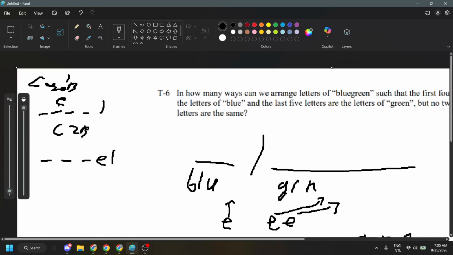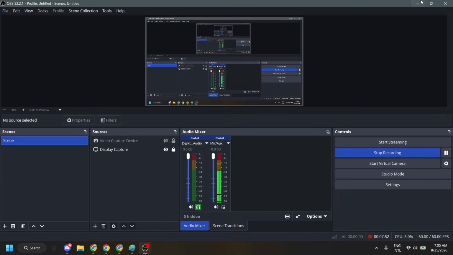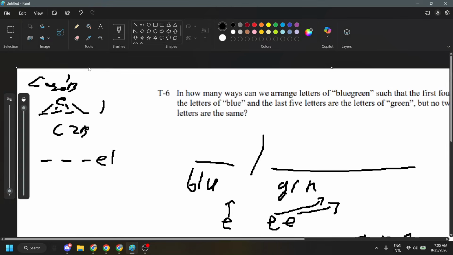And then the E will be somewhere there. Okay, so that's our first case for blue. For this one here, we first choose an E. So here there are 3 different E options, times, once you choose that, you have 3 different B options times 2 different L options, and then U is determined. So for case 1B, there are 18.